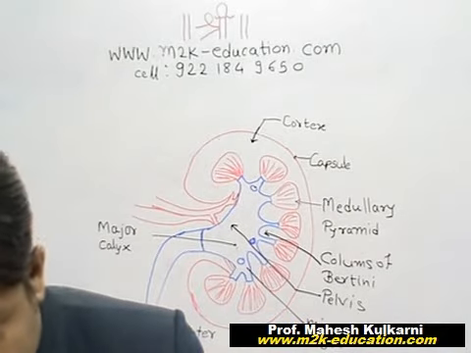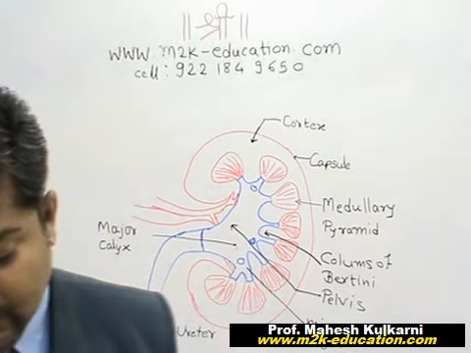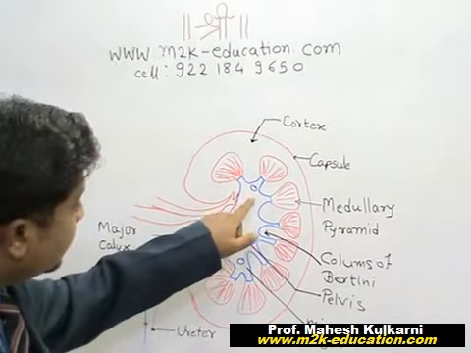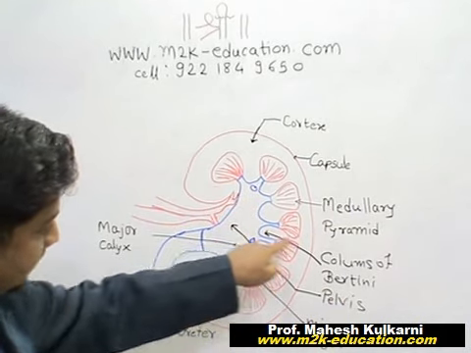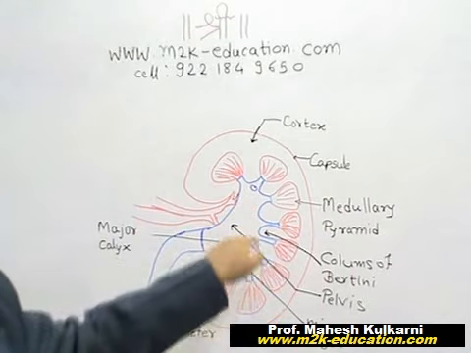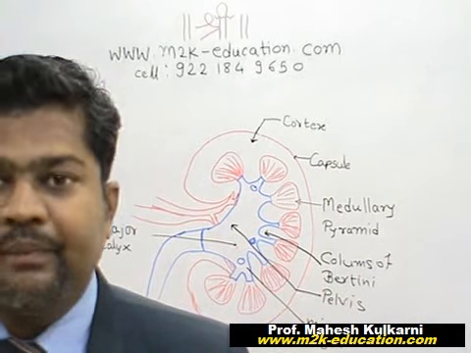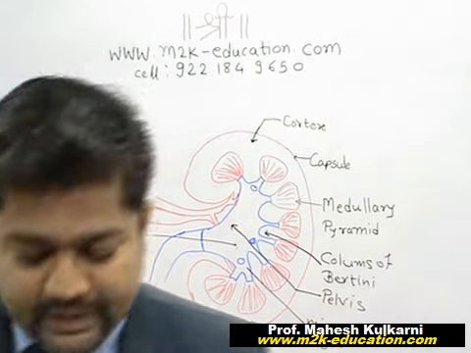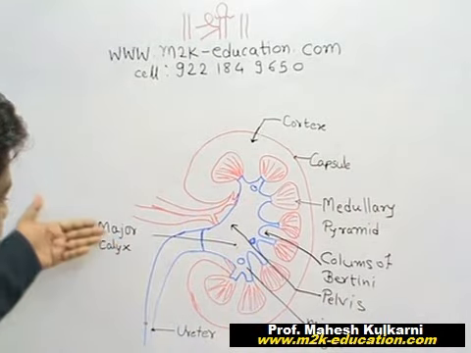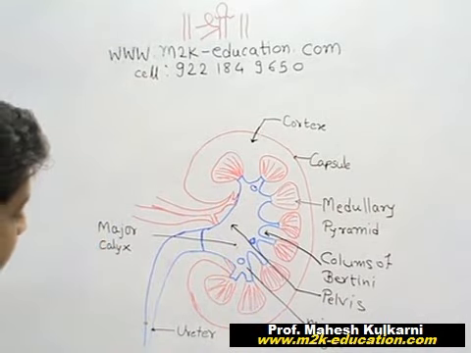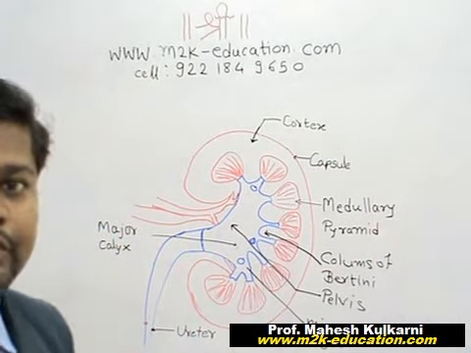Now the columns of Bertini, the renal columns, are part of the cortex continued inside between the medulla. Then the renal sinus, sinus means cavity, also called the pelvis, is divided into major calyx, then minor calyx, and ultimately it goes outside in the form of the ureter.